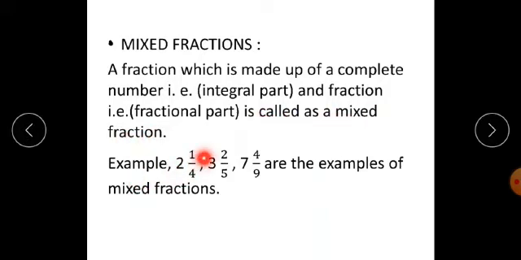Examples: 2 integer 1 upon 4, 3 integer 2 upon 5, 7 integer 4 upon 9 are examples of mixed fractions. Because students, in these examples, 2 is a complete number whereas 1 upon 4 represents a fractional part; 3 is a complete number, 2 upon 5 is a fractional part; 7 is a complete number, 4 upon 9 is a fractional part. So these are examples of mixed fractions.